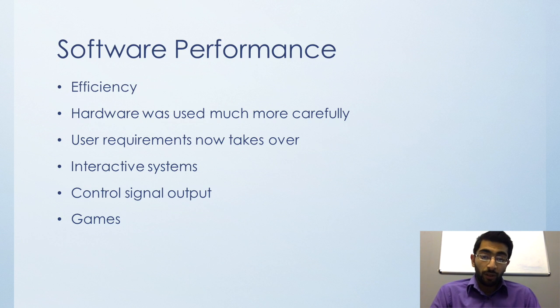So next we're going to speak about software performance, which is sometimes called efficiency. This terminology dates from the days when the cost and speed of hardware meant that every effort was made to use hardware, primarily the memory and the processor, as carefully as possible.